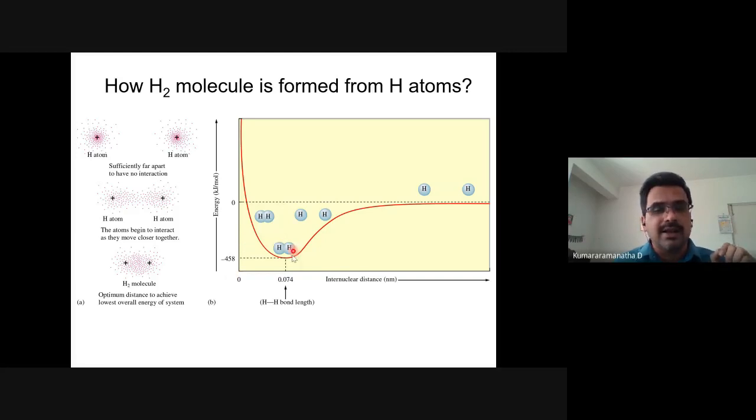And you can see there is an optimal distance. When you try to push them closer, electron repulsion and nucleus repulsion take over, so it takes an infinite amount of energy to crush the two hydrogen atoms together. Until the bond length is formed, you have optimal energy considerations.